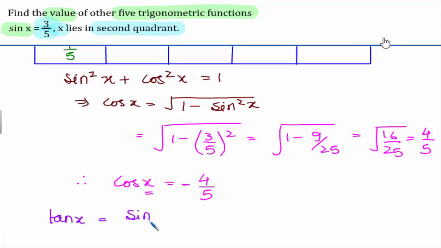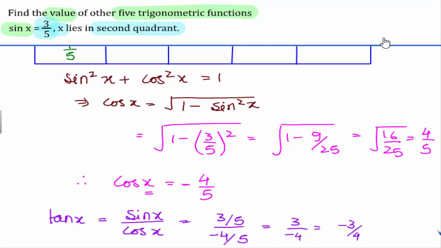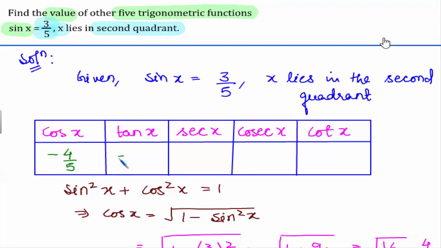Tan x is given by sin x divided by cos x. Sin x is given to us as 3 by 5 and cos x is minus 4 by 5. So this is equal to 3 upon minus 4, or minus 3 upon 4. Therefore, tan x is minus 3 upon 4.